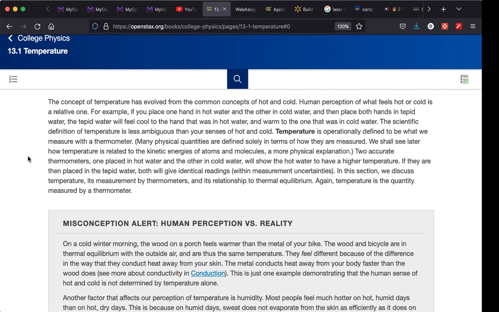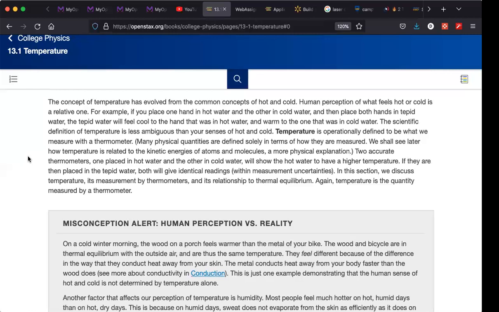And that was only 100 something years ago, 150 years ago, when we started to really understand that and put it together. So it's a fairly new idea, and it's evolved kind of slowly over the decades what temperature actually is.